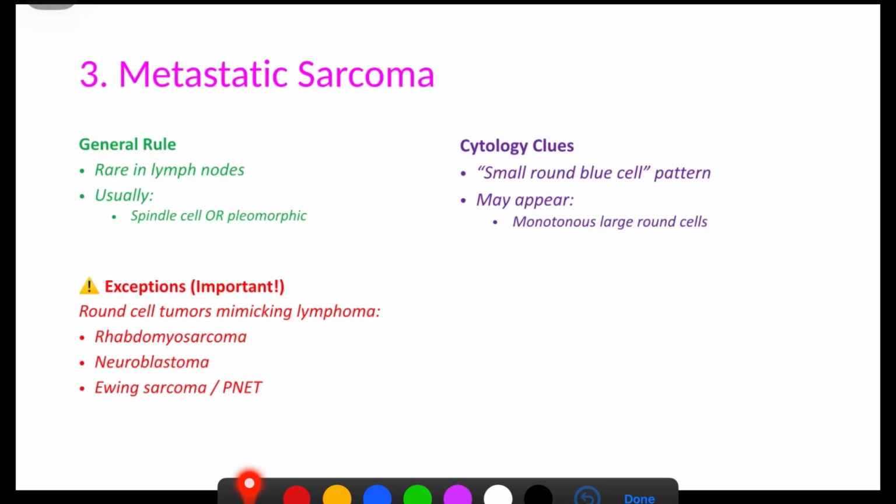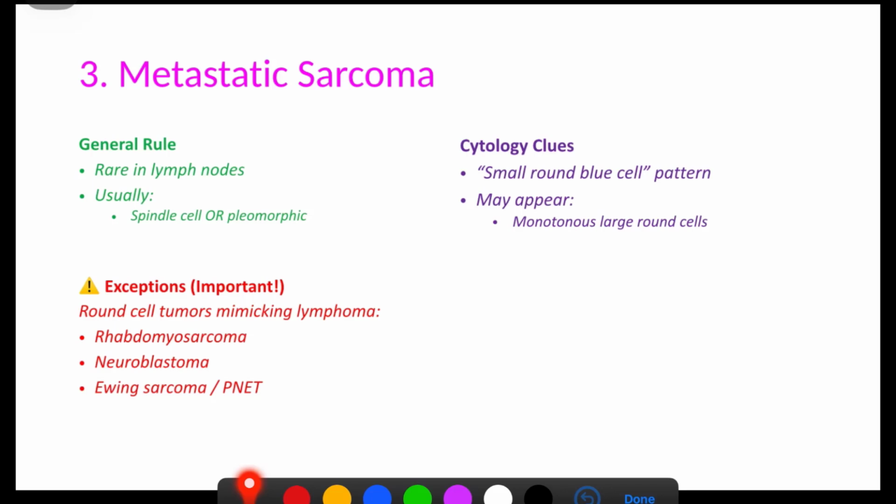Now metastatic sarcoma, which is rare in lymphoid tissue, but if we find it is spindle cell or pleomorphic type, it shows a small round blue cell pattern, but it may appear as a monotonous large cell round pattern.